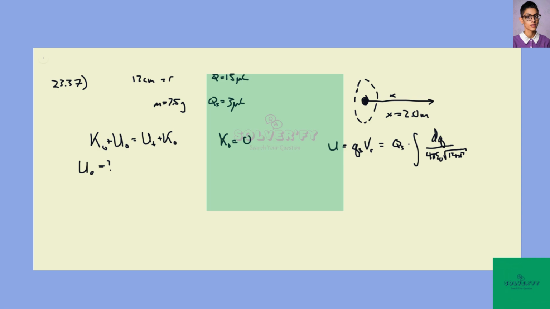Okay, so if we do this for a uniformly charged ring, then this comes out easily to just being Q sphere times the Q of the ring over 4 pi epsilon naught times the square root of r squared plus x squared, because this only depends on Q right here, so all of these are constants, and we're left with this.